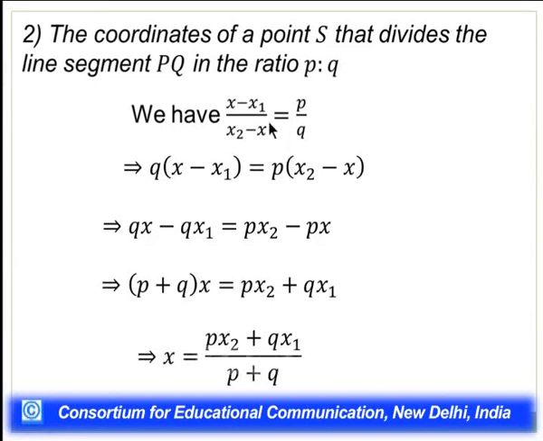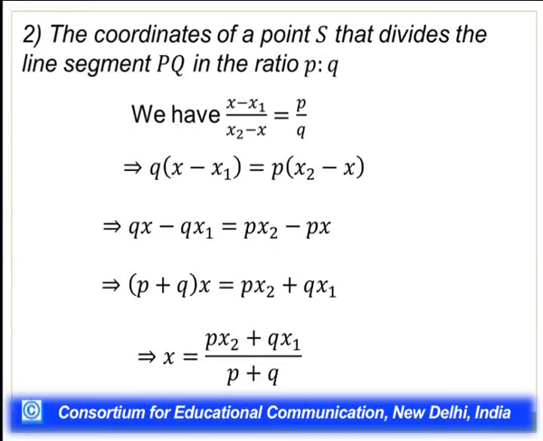So if I cross multiply, I get q times x minus x1 is equal to p times x2 minus x. And if we open the brackets now, on the left hand side, I'll have qx minus qx1 is equal to p times x2 minus p times x.